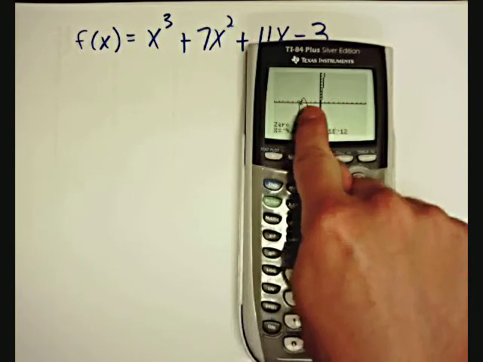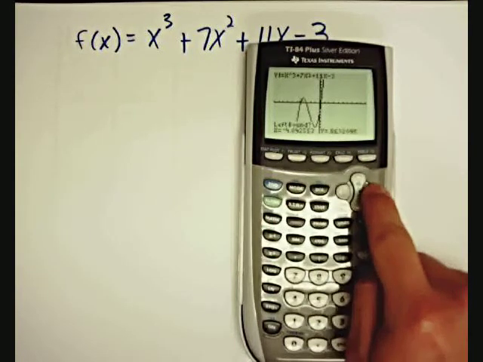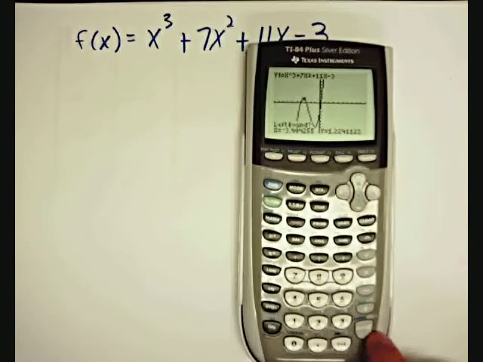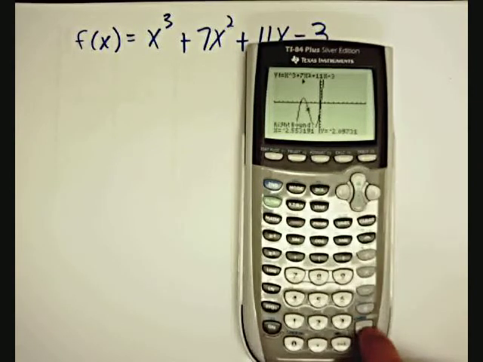Our next x-intercept, second, calculate 2 for a 0. Left bound is anywhere up here. Right bound puts you below the x-axis. And that gives us x equals -3. So there's an exact 0.